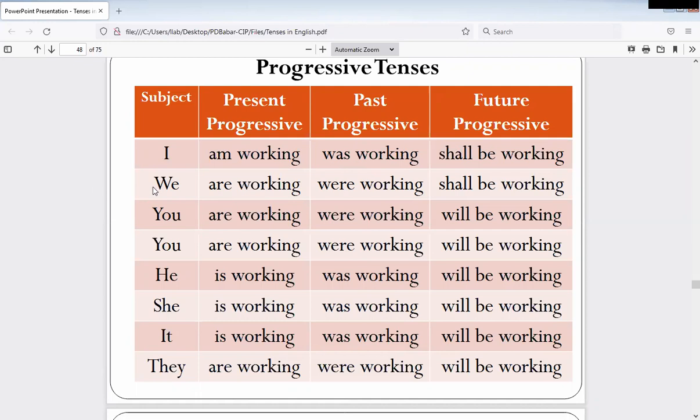You can use learn here also. We are learning, आम्ही शिकत आहोत. We were learning, आम्ही शिकत होतो. In the last week, what were you doing? We were learning. This is the past progressive.